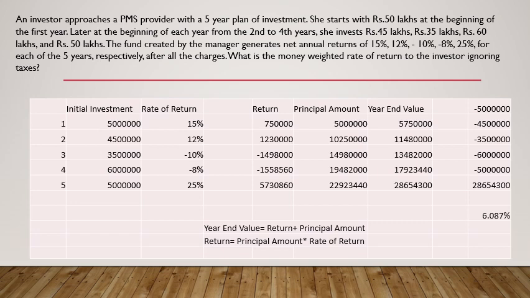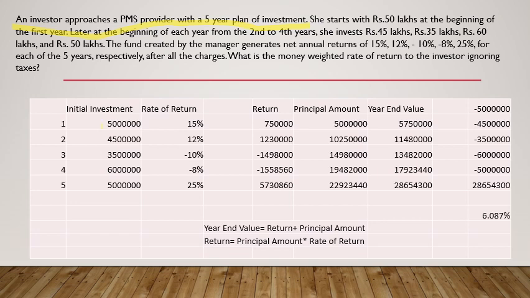So here is a problem which is given. This is a problem which is typically available on internet also, but not with this kind of a solution. You can see that this particular problem relates to an investor who has approached a PMS service provider with a 5-year plan of investment, and she starts with an investment of 50 lakhs.